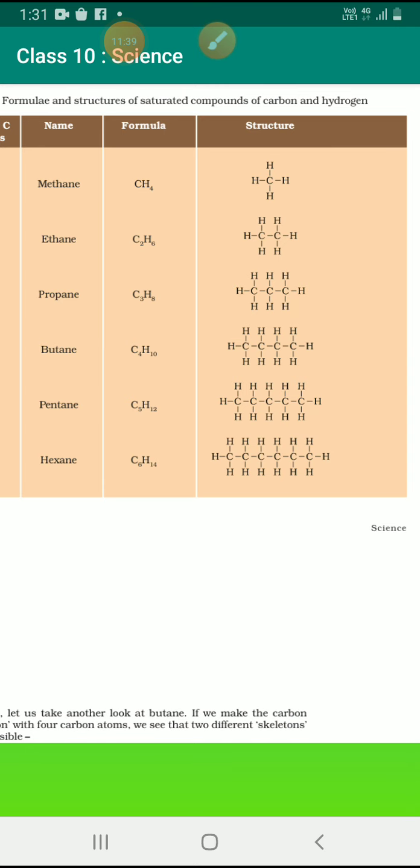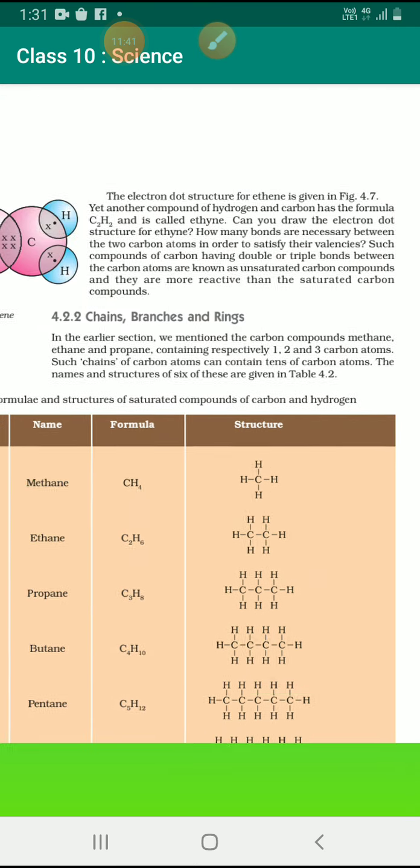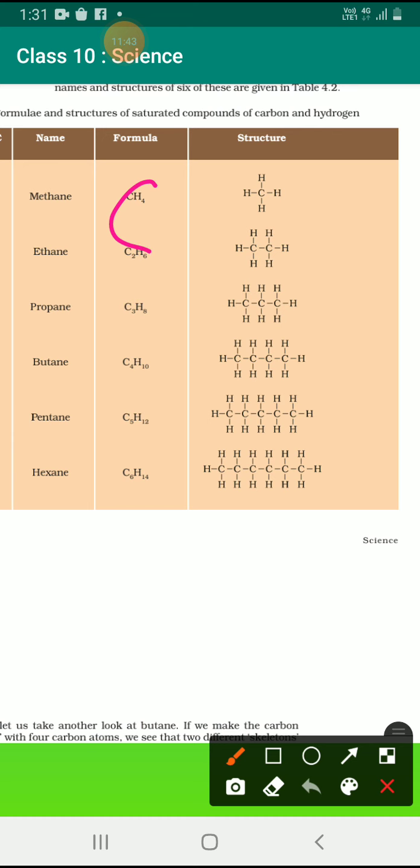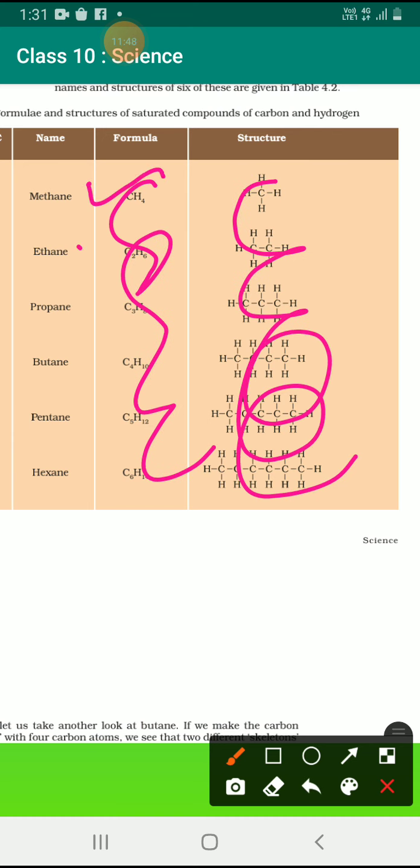So in the board exam they won't give this. They will not give this. They only give the names. Means write the molecular and structural formula of methane. Write the molecular and structural formula of ethane. Write the molecular and structural formula of butane, pentane, hexane, simply like that.